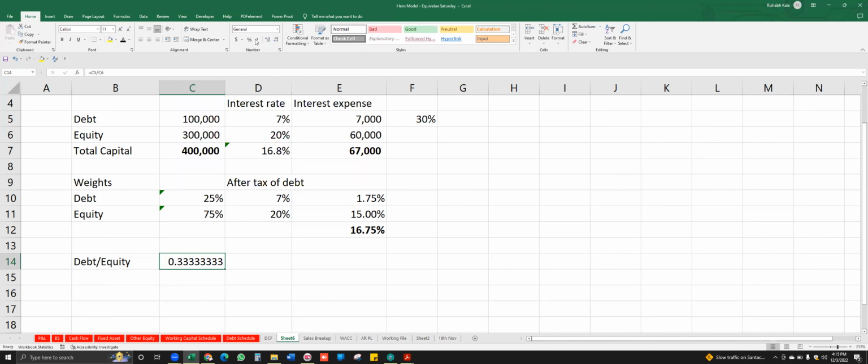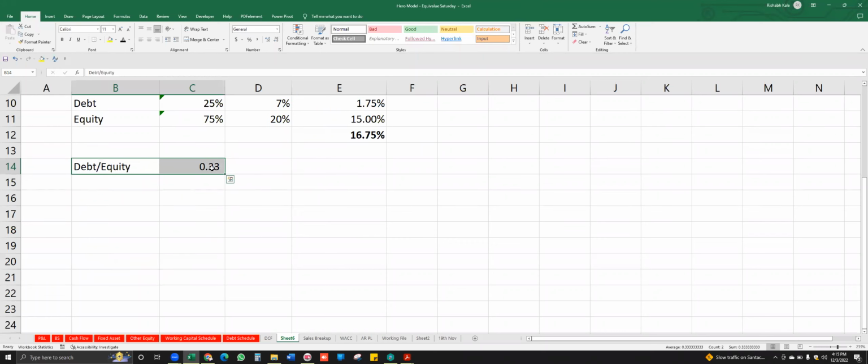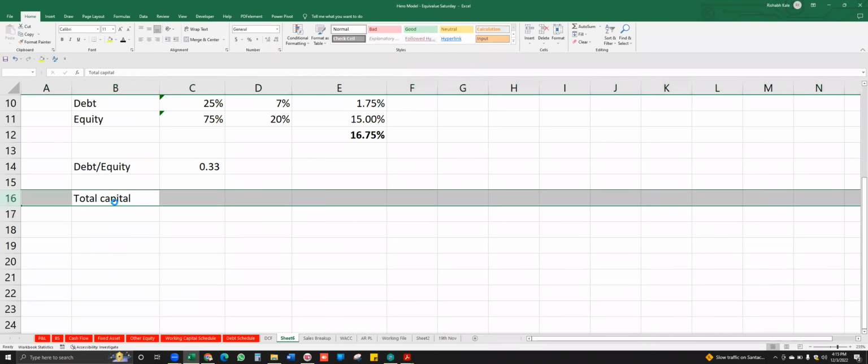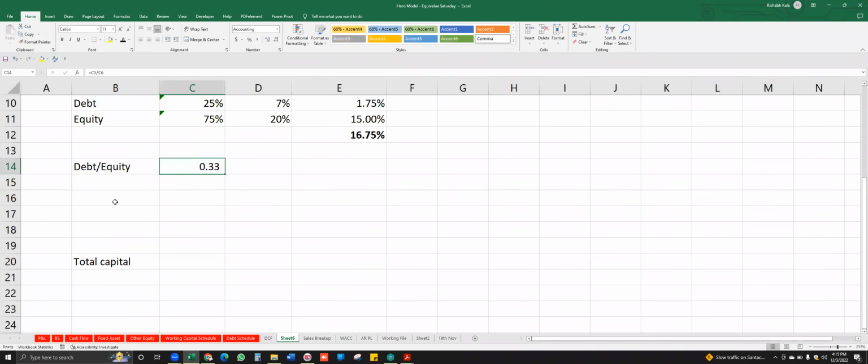Debt to equity ratios. These are all ratios, okay? 0.33, right? If I give you that my debt to equity is 0.33, can you find total capital? Now, when I say that my debt to equity is 0.33, what does it say?